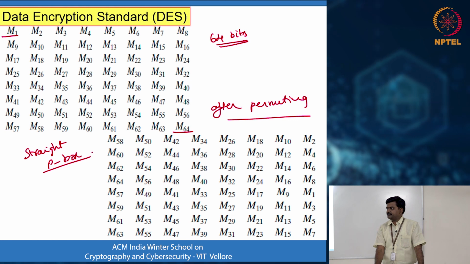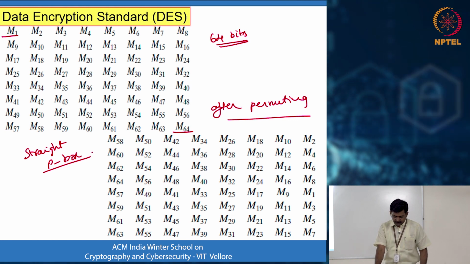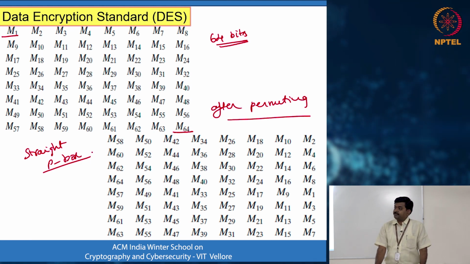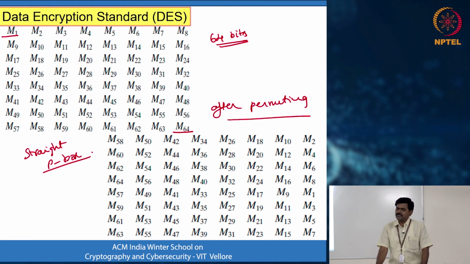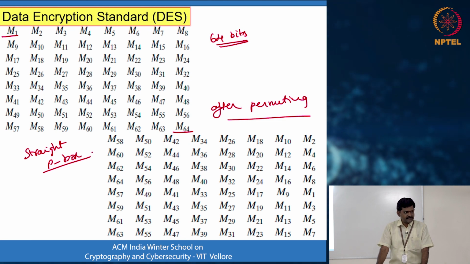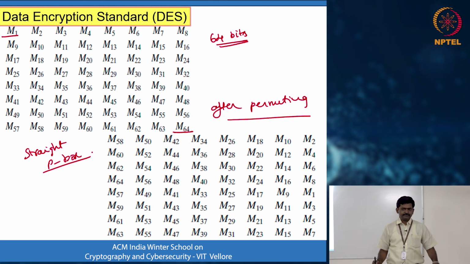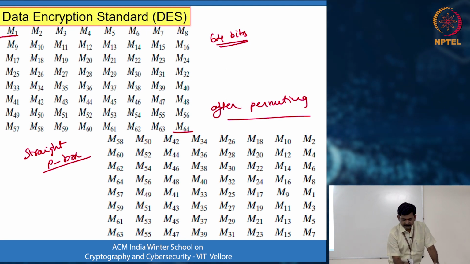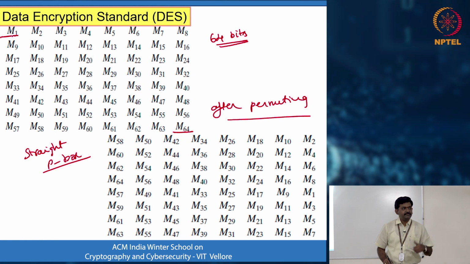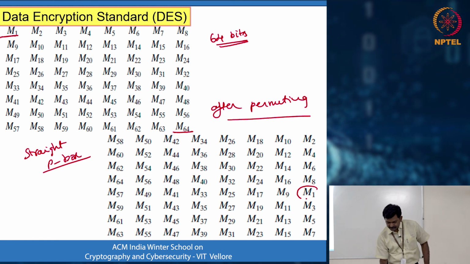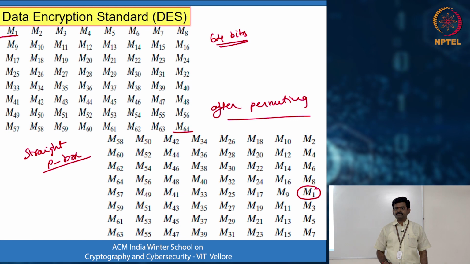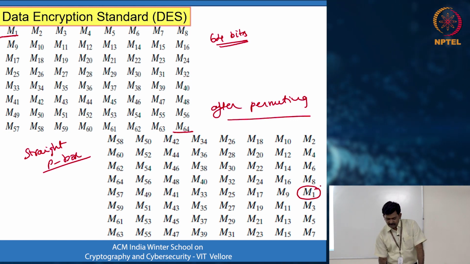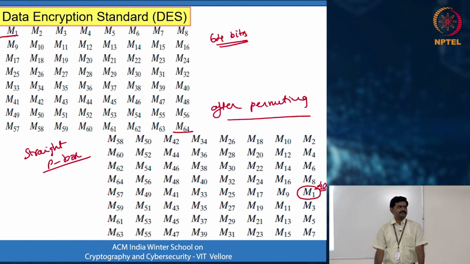It's a straight P box. Just for your understanding, where did the first bit M1 go after permuting? It went somewhere here. This location is 40.